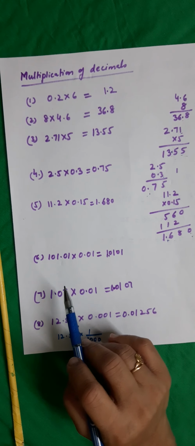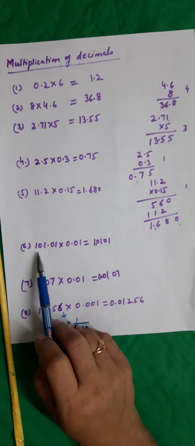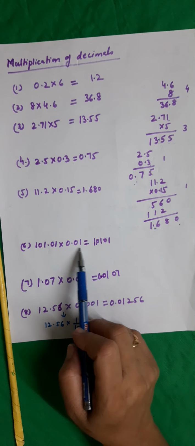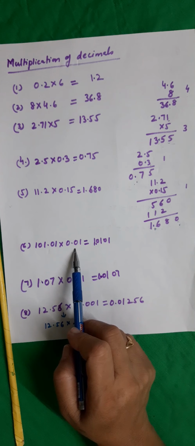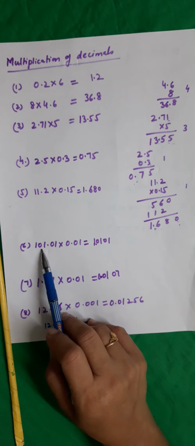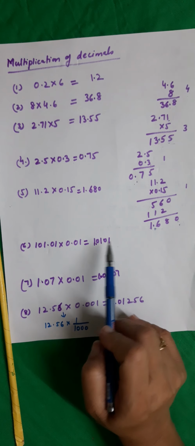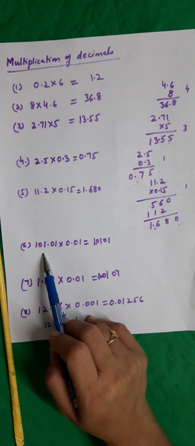Similarly, we have here 101.01 into 0.01. In a way, I am multiplying 101.01 with 1 only. So that means my digits will remain the same, 10101. But decimal places 1, 2, 3, 4. There are 4 decimal places.